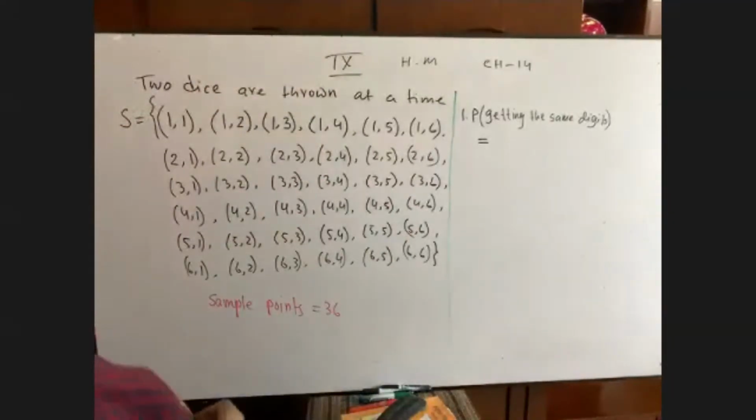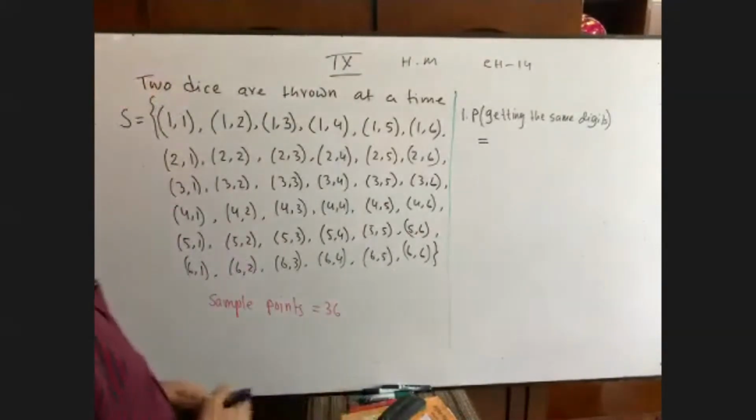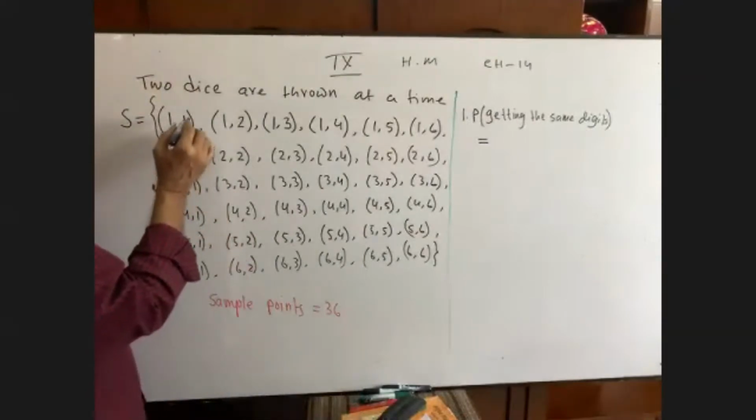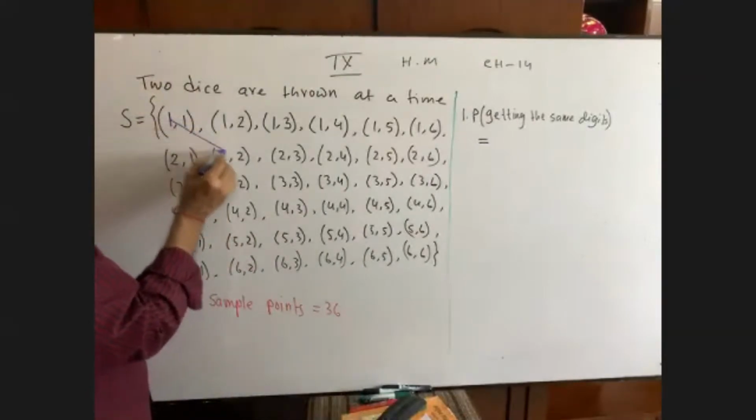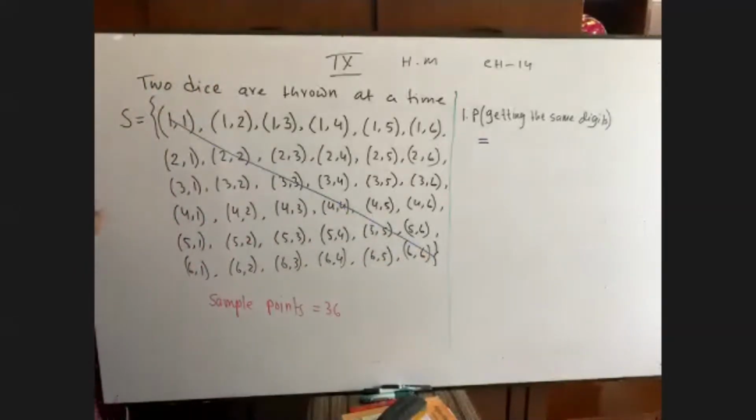Same digits means for the two persons, they will get the same digit.